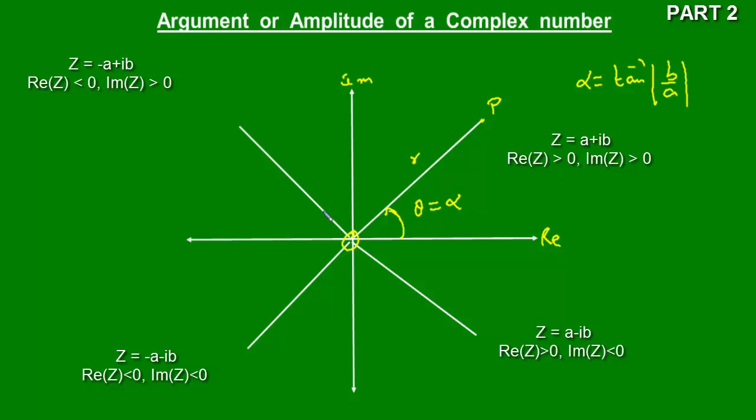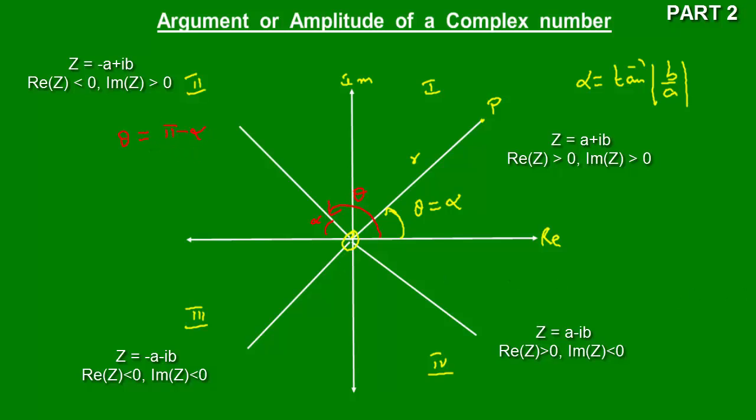And this is the first quadrant, the second quadrant, third quadrant and the fourth quadrant. So, if it lies in the second quadrant, then this is the angle theta and this angle is alpha. Therefore, in the second quadrant, theta is equal to pi minus alpha.